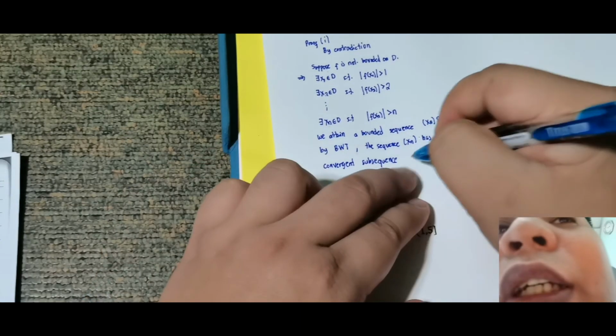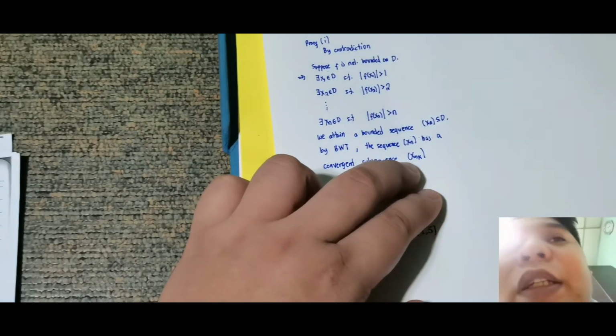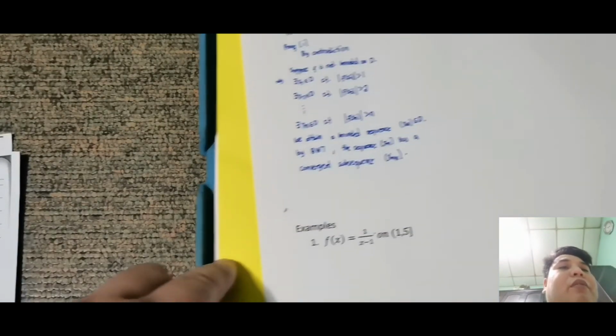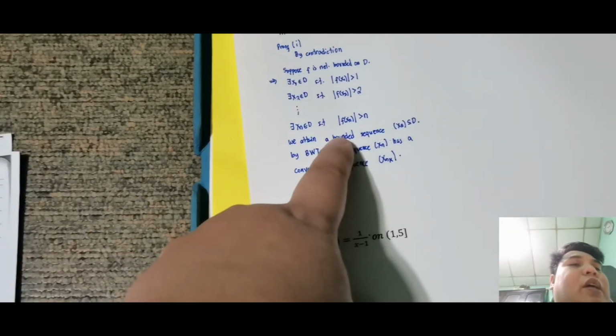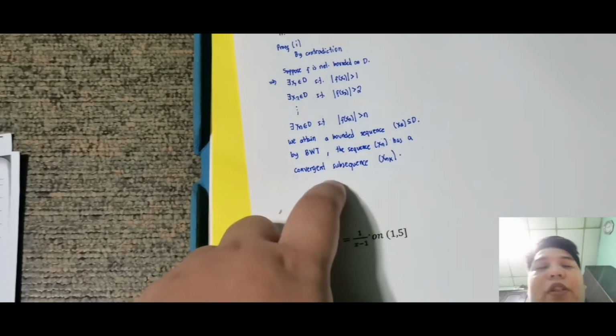Let's say subsequence x sub n sub k. Since bounded yung sequence natin, automatic may subsequence siya na convergent. Yun yung sabi ni Bolzano.